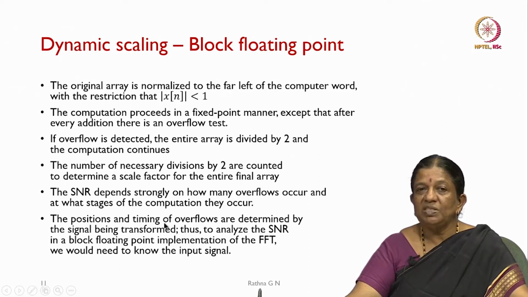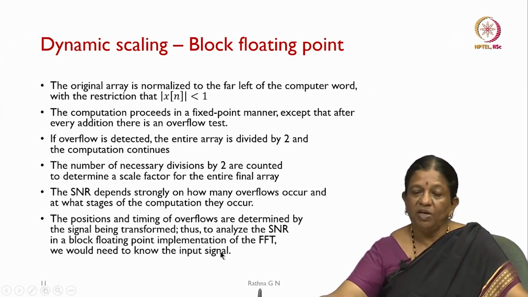So, the positions and timing of overflows are determined by the signal being transformed. Thus, to analyze the signal to noise ratio in a block floating point implementation of the FFT, we would need to know the input signal.